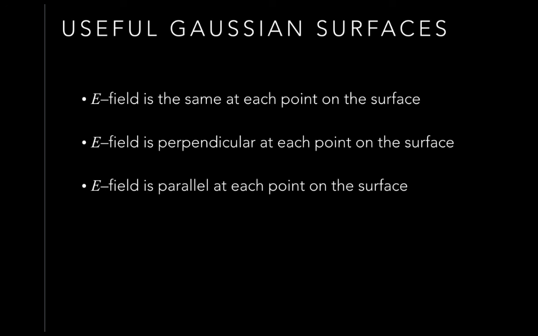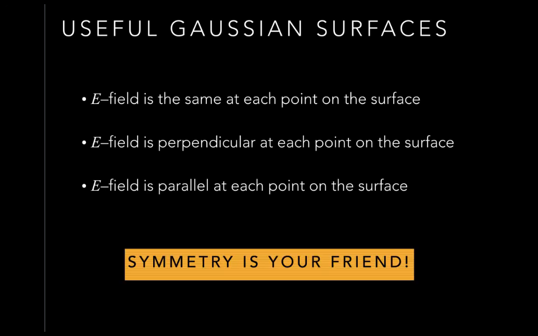It shouldn't be 6 up here and 2 down there, okay? It has to be exactly constant everywhere on the surface, all right? The electric field also has to be either perpendicular or parallel at each point on the surface, and that's because we're going to lead into this dot product, okay? So once again, symmetry is your friend, all right?